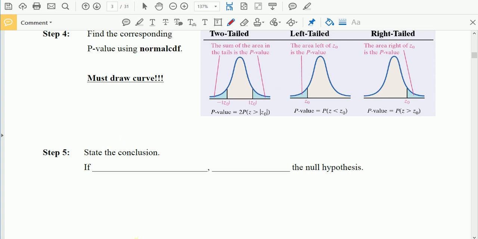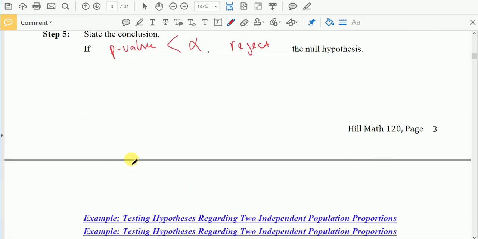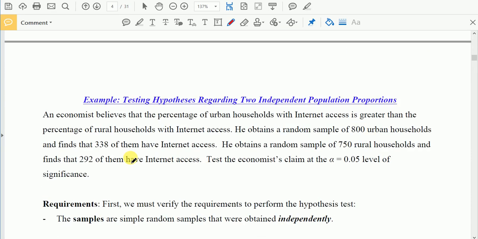So if your p-value is less than the alpha level, then you reject. That means your p-value is really small. We should reject that. Okay, so that's basically the same rule compared to the last chapter, but in this case we include two samples.